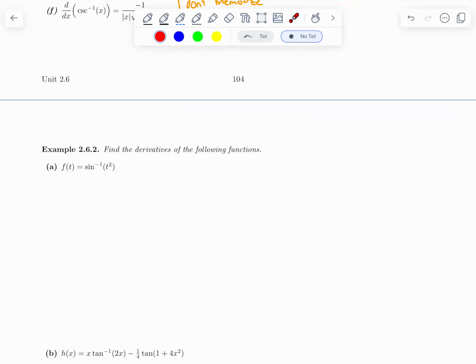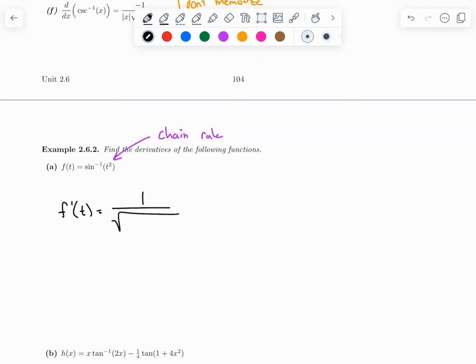So this is a chain rule, because it's not sine inverse of t, it's sine inverse of t squared. So it's the derivative of the outside, evaluated at the inside. So f prime of t would be 1 over the square root of 1 minus x squared, but because it's a chain rule, it's not x squared, it's t squared squared.